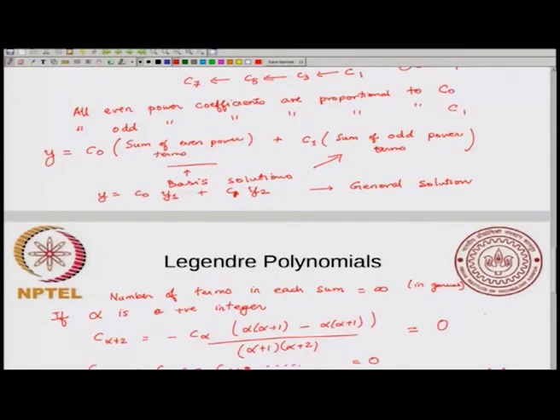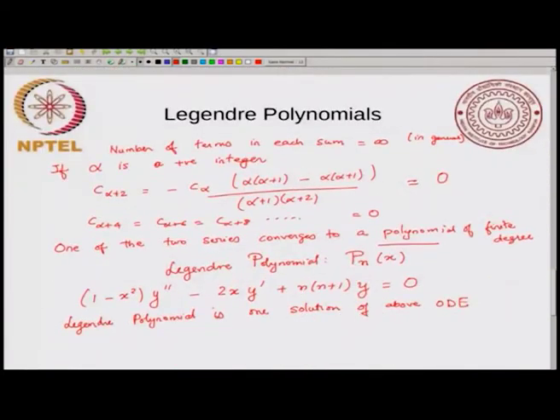If you look at your sum of even powers and sum of odd powers, these are two basis solutions. If alpha is even, then the sum of even powers will go to 0 beyond n equal to alpha. If alpha is odd, then the sum of odd power terms will go to 0 beyond some alpha. So one of these will become a polynomial, and that polynomial is called the Legendre polynomial.